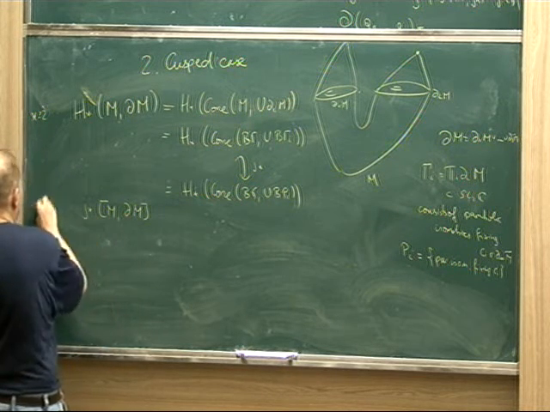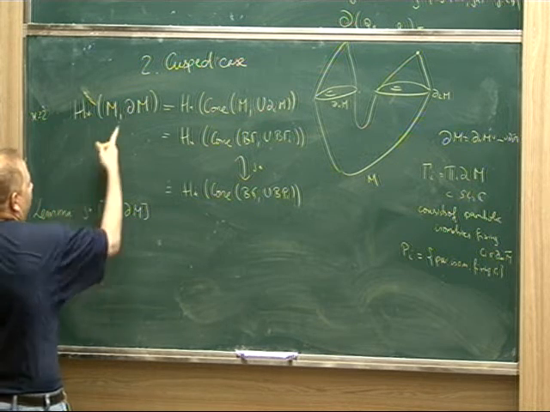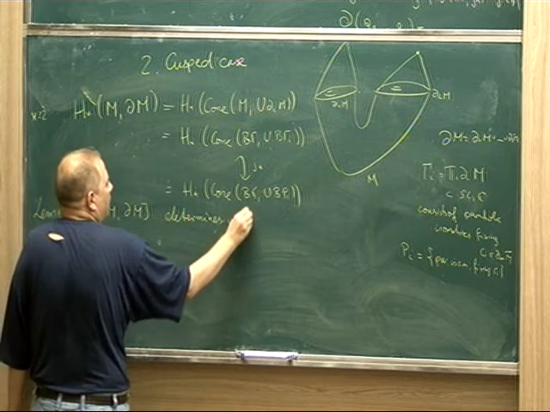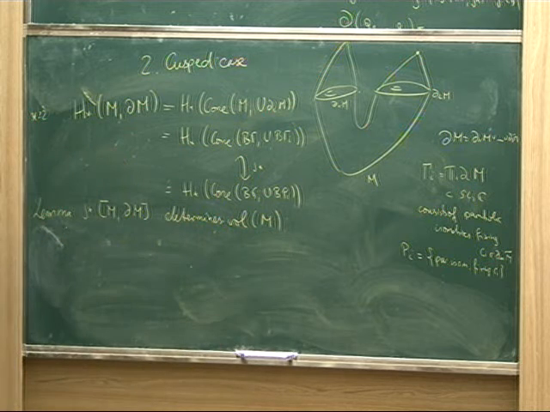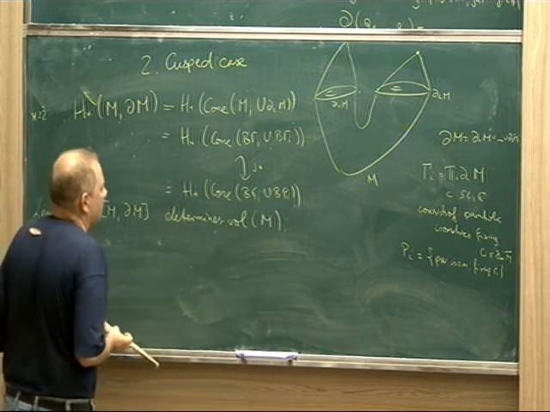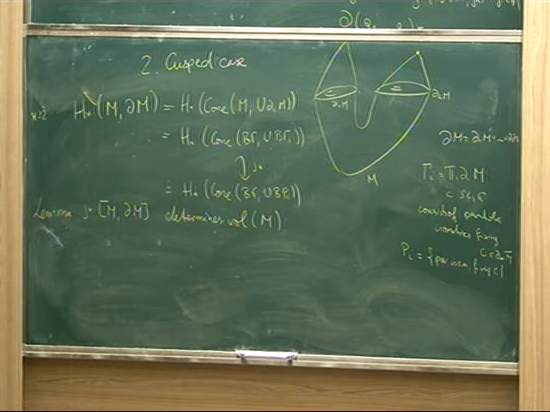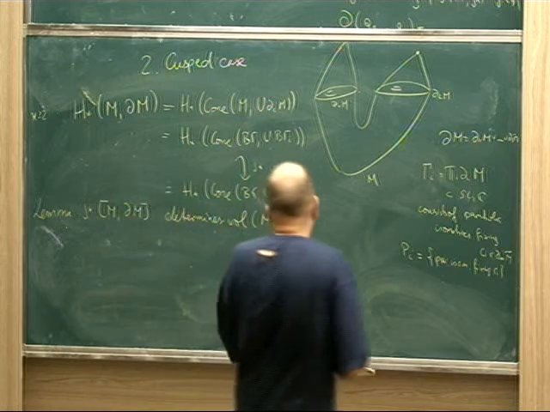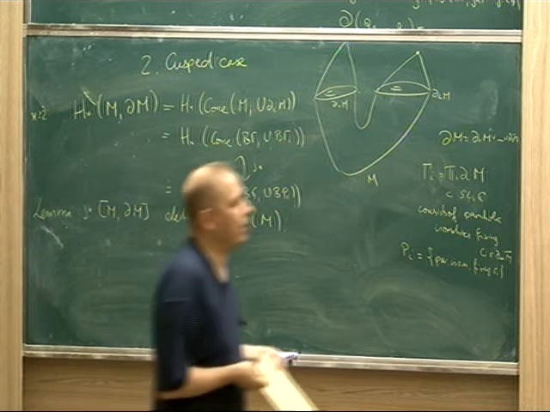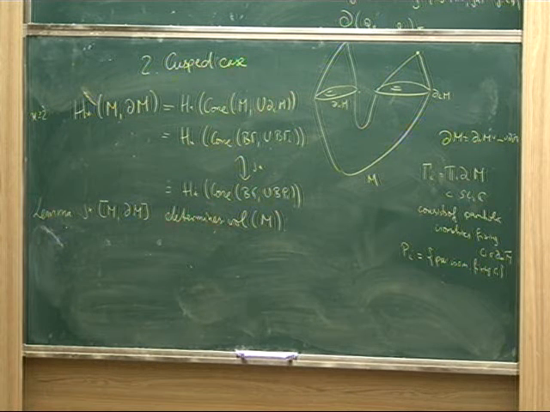And then again we have the analogous lemma that now the image of the fundamental class here determines the volume of N. This can be proved by extending the volume cocycle to some other cocycle on this larger space. Again, not going into details because time is running. So one can prove that this image of the fundamental class determines the volume, and then one can of course run a similar argument as in the closed case here.